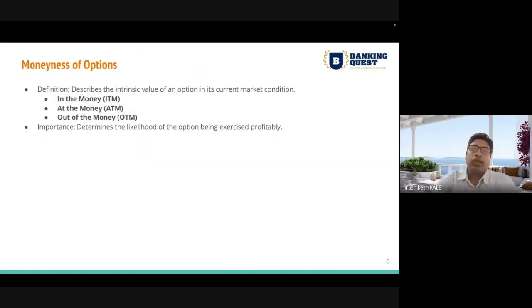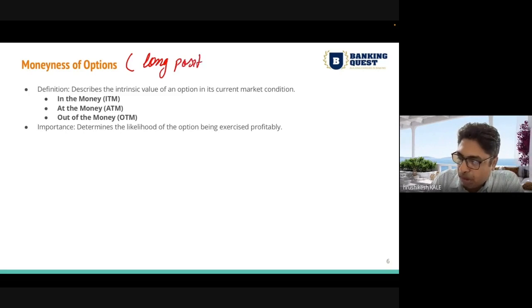Moneyness. Okay. Now, always remember that moneyness of the option will always be looked at from the long position and not from the short position. Now, when do you call it in the money? When the long position is in profit.